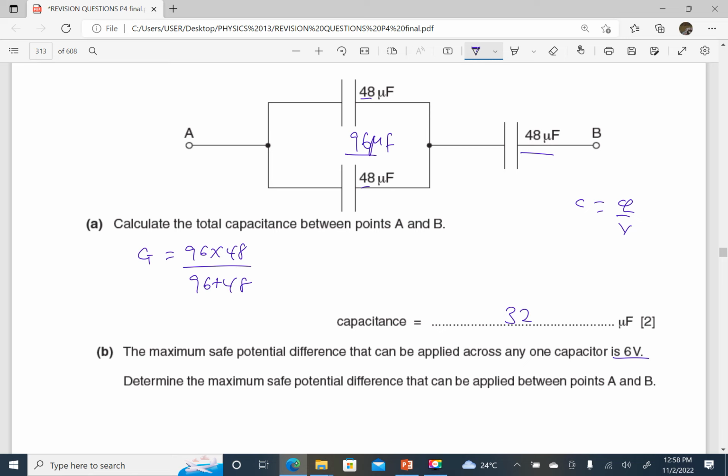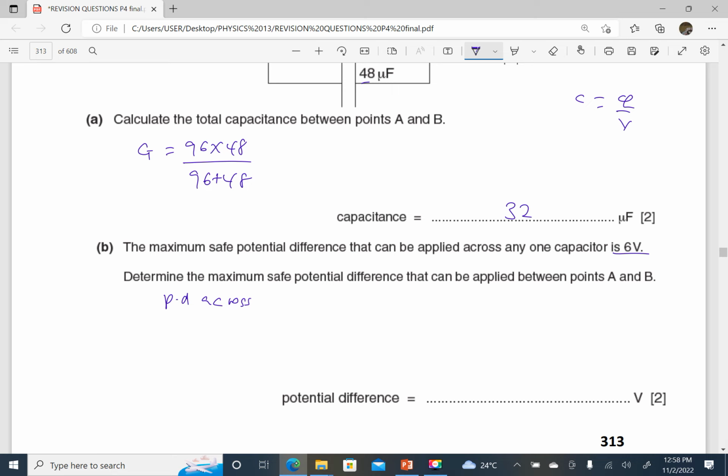Now that the capacitors are identical, then we shall simply say that the PD across the parallel combination must be equal to a half the PD across a single capacitor.